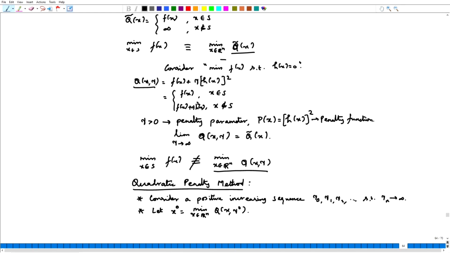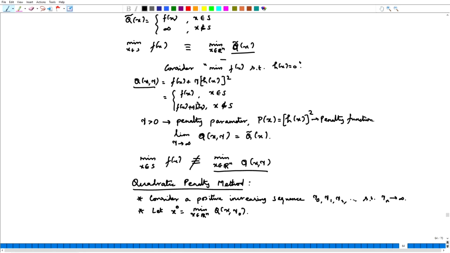So, instead of minimizing f of x, you are minimizing q of x comma gamma 0. That is the first step. Of course, this need not give the right answer, that is, it need not be the minimum of f of x when x belongs to S. So, this is not somewhere we are going to stop.